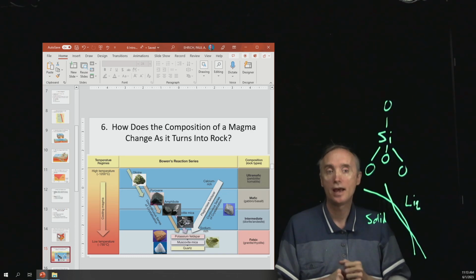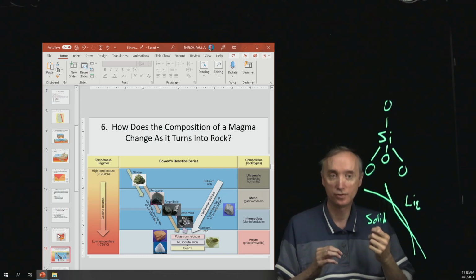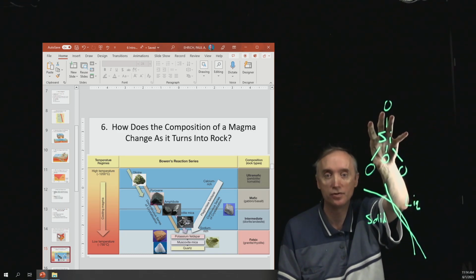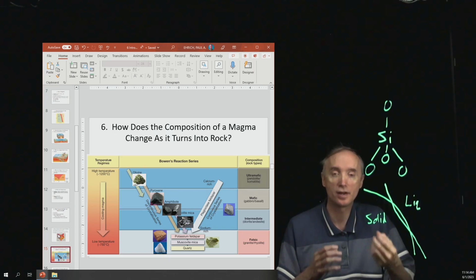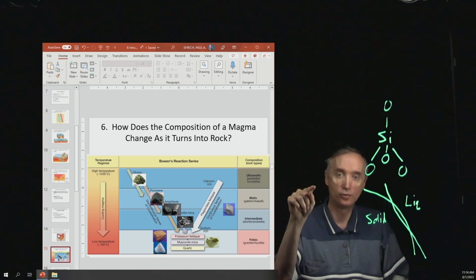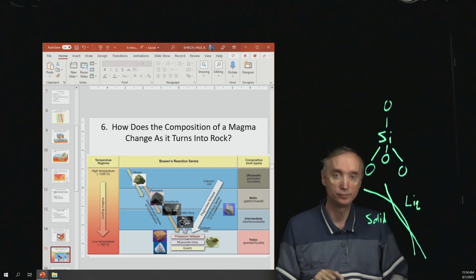Okay, but then as you continue to cool down the magma, the olivine will begin to dissolve, and then it reforms as a different mineral. You can see that it's going to form first as pyroxene, and then it turns into amphibole, and then it turns into mica.